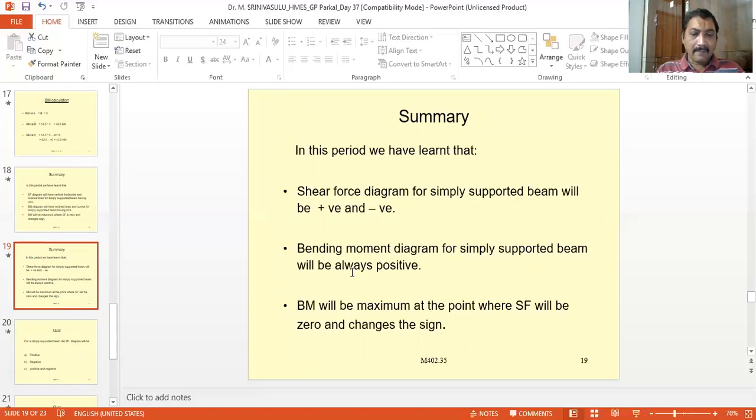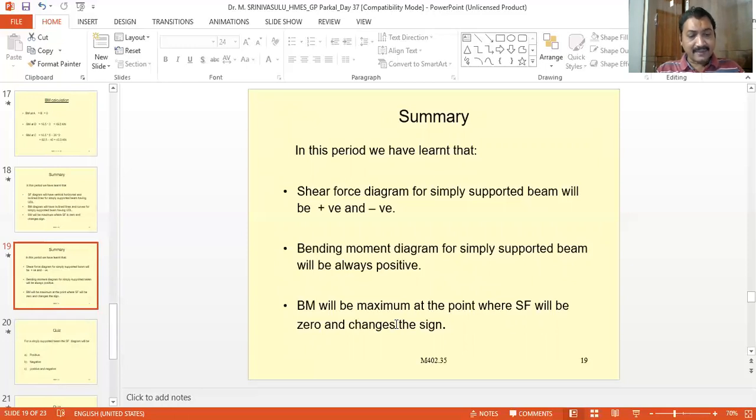The bending moment diagram for an SS beam will always be positive. That is very important.